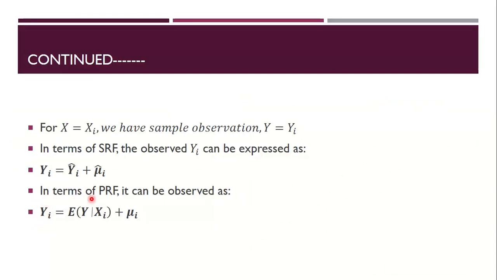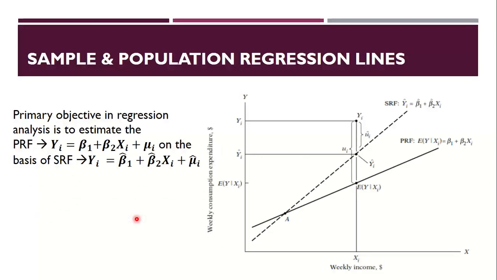In terms of the population regression function, it can be observed as yi equals the expected value of y given xi plus mu i, from this point to this point.